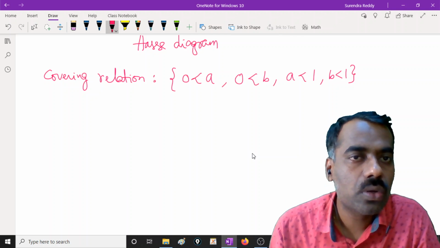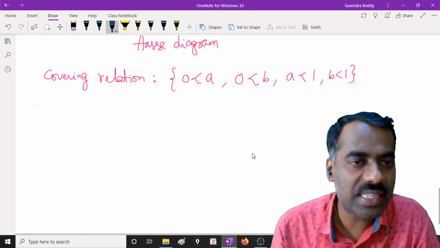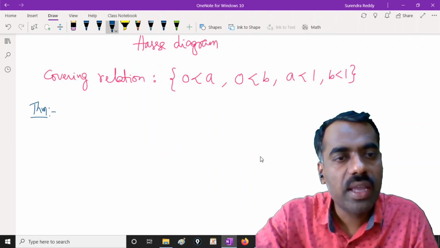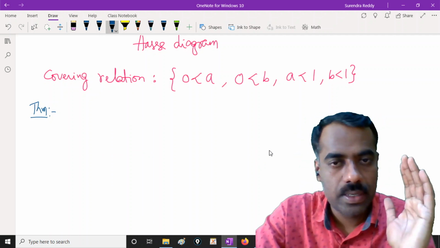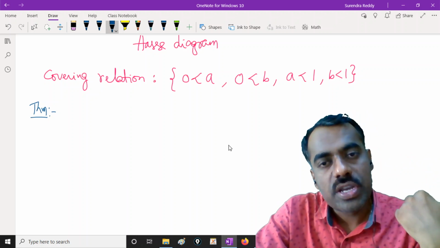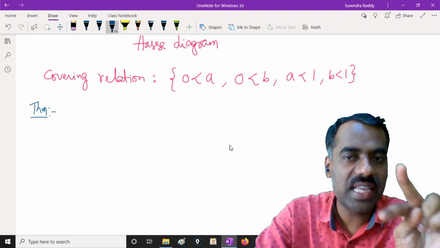That is true for finite lattices or finite posets. If you have a finite poset and a covering relation, then you can say whether there is a relation between two elements or not.